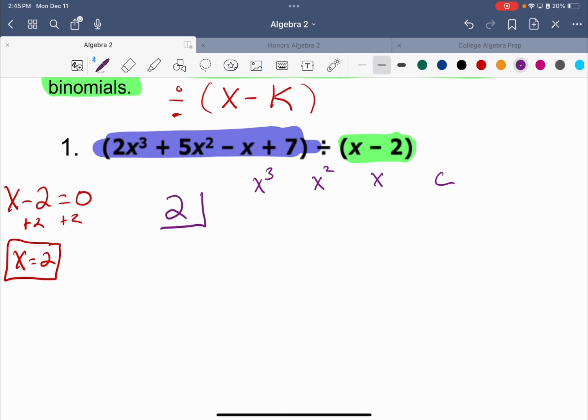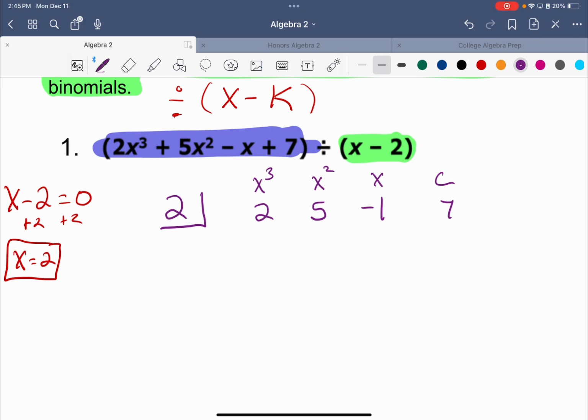This top part is just to help me see that I have everything involved. And underneath those I'm going to put the numbers associated with them. With the x cubed, there's a 2. With the x squared, there's a 5. With the x, it's negative, so it's negative 1. And my constant is 7.